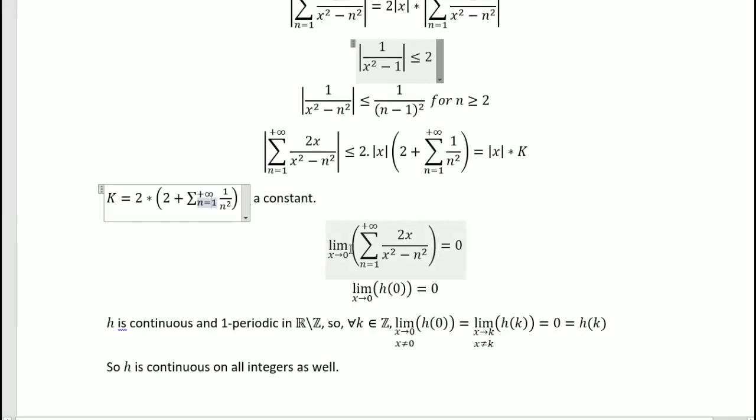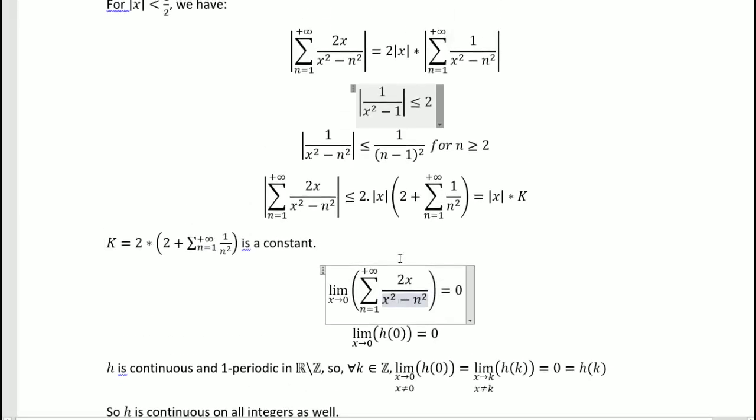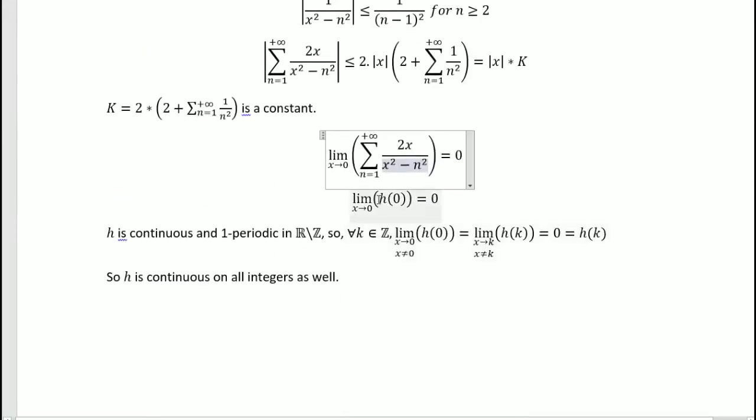So we've got this that's actually h. Oh yeah, the limit when h goes to 0 is 0. It's this. The limit of hx when x goes to 0 is 0. So h is continuous, one periodic in the space of reals without the space of integers.